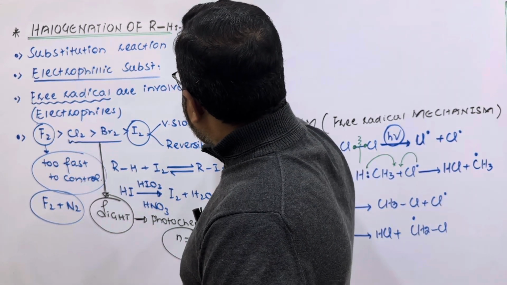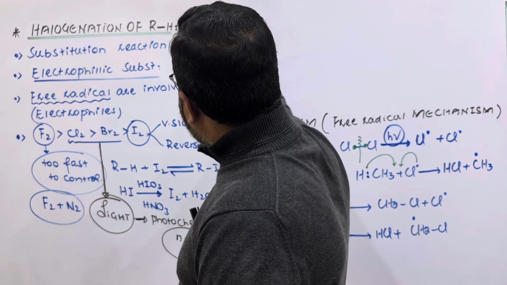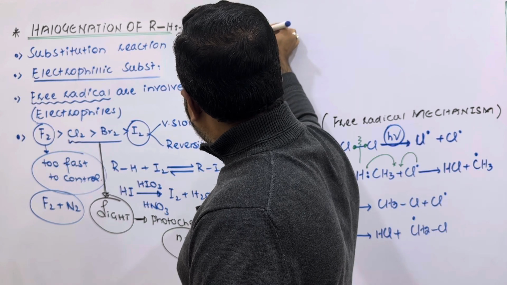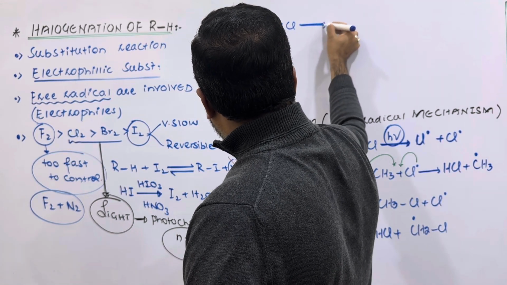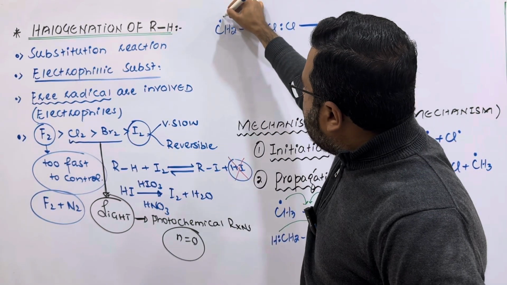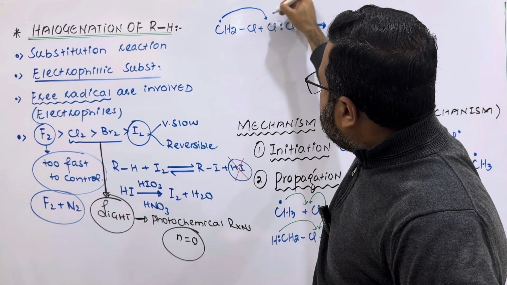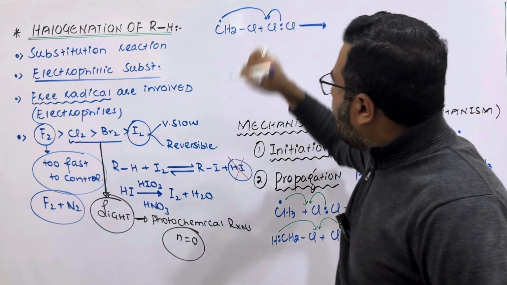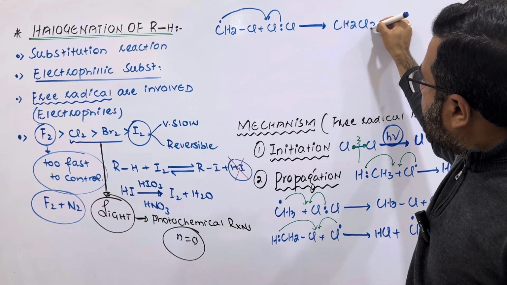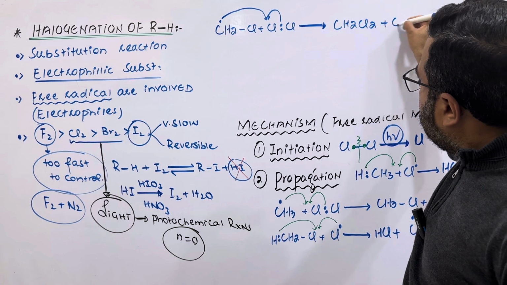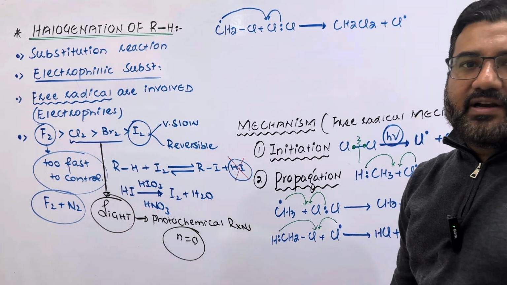So again CH2Cl will react with the chlorine molecule and again it will give its one electron. The chlorine will also take one electron from its bond. You will get CH2Cl2, dichloromethane, and again a chlorine free radical.